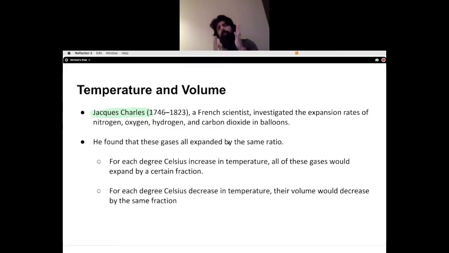But now if you stop and think about temperature, you've got to understand that temperature can be kind of ambiguous if we're using degrees Celsius, or degrees Fahrenheit as some other parts of the world use. And one of the problems with using temperature is that we can have a negative value.